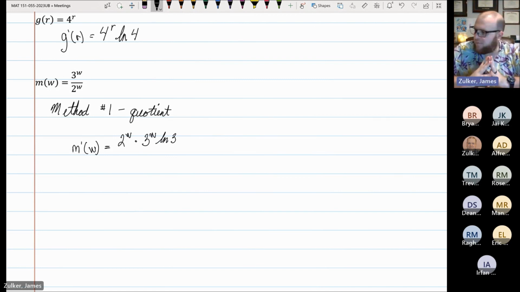The numerator is an exponential function of base 3. Its derivative would then be 3 to the w times natural log of 3.